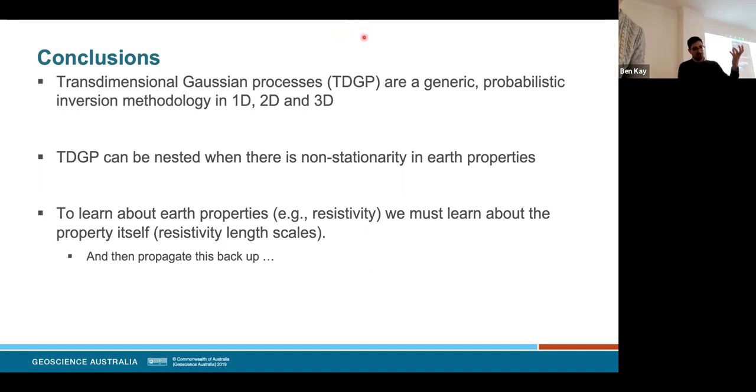Say you've got a length scale and you change the length scale, it'll now change the velocities or your conductivities, and you've got to propagate that through your finite difference modeler or your 1D reflectivity modeler, or whatever you might have. So that's one step. And then the next step, you've got to do updating of the velocities themselves. And so it's twice the computational cost.